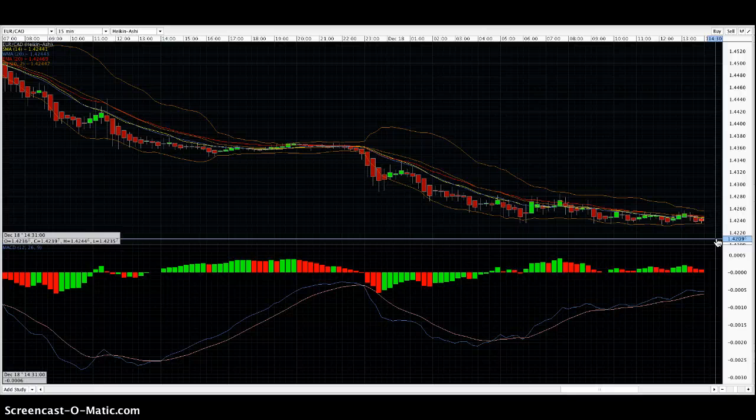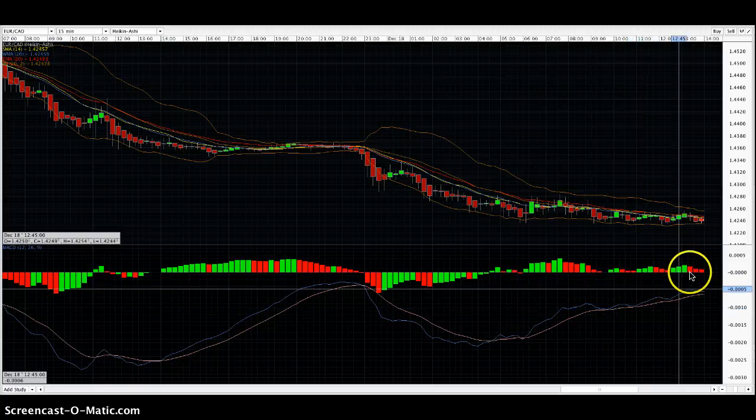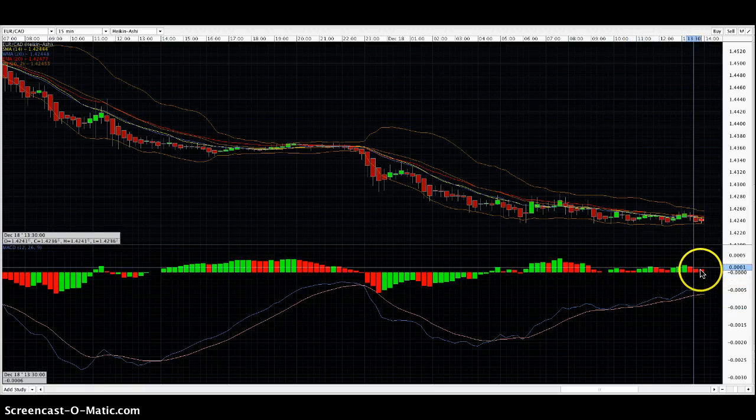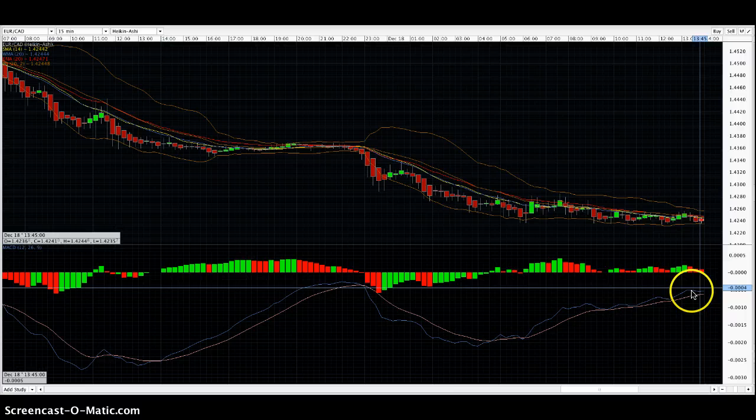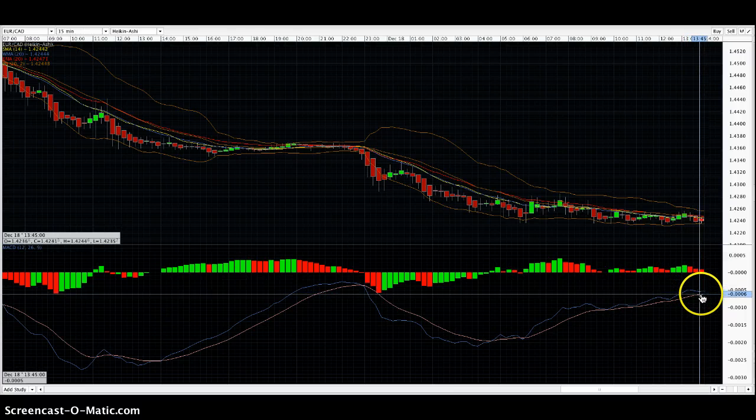So first I identify the trend. Second, I identify whether my most recent candlestick is in the same direction as the trend. It is. Then if those both line up, I look at my MACD, the moving average convergence divergence, in this box down here. I see it's going off in the sell direction, and it's also slowly getting closer to that moving average.